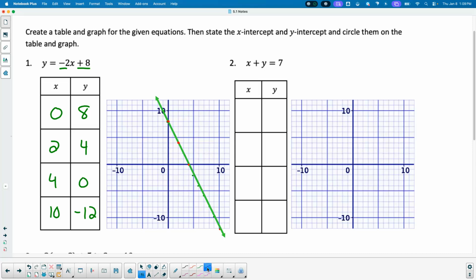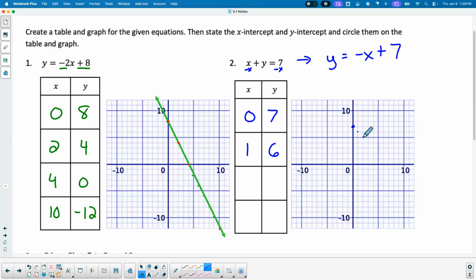Over here on this one, first we've got to solve it for y. So I'm going to subtract x from both sides, and that's going to give me y equals negative x plus 7. That gives me a y-intercept of positive 7, which would also give me the point 0, 7. Then that also has a slope of negative 1. So that is down 1 and right 1, which would be the point 1, 6.